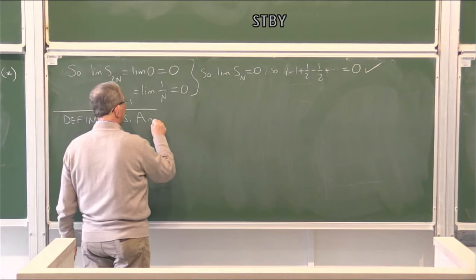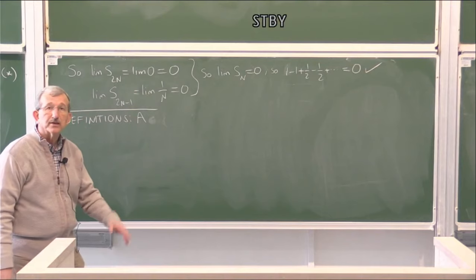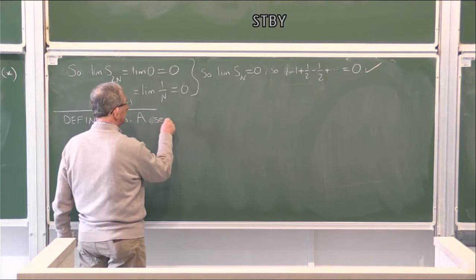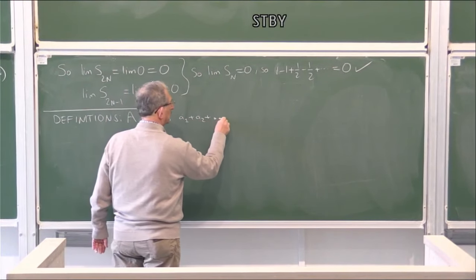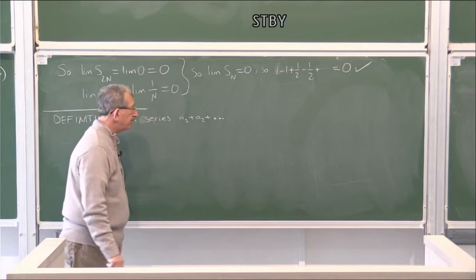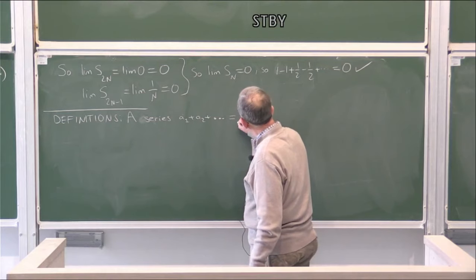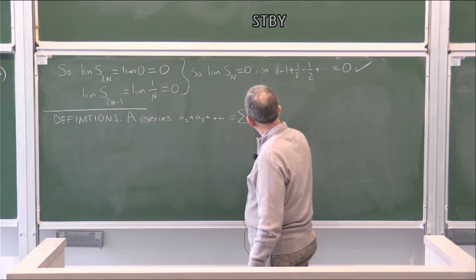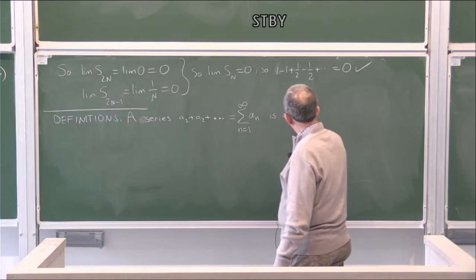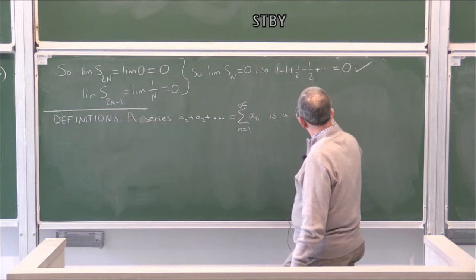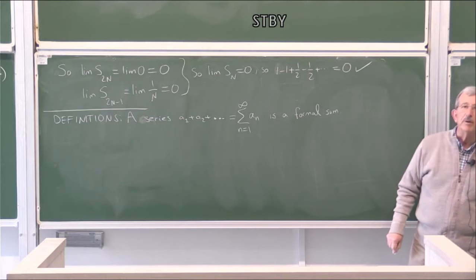An infinite series, I will not write infinite all the time. When I say a series, it will be understood that it's an infinite series. A series, A1 plus A2 plus up to infinity, which can be shown as the sum of a n from 1 to infinity, is a formal sum, which means that it may not be a number.